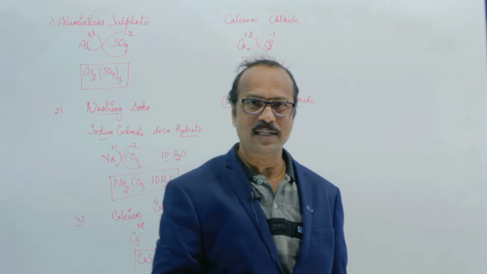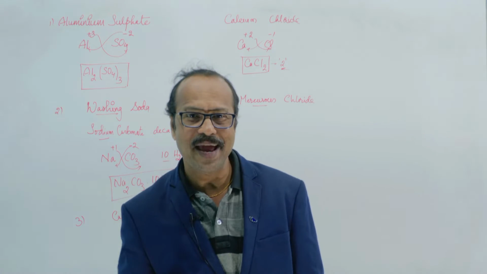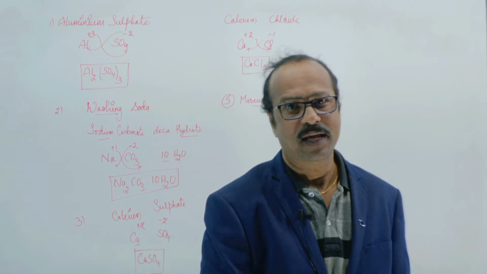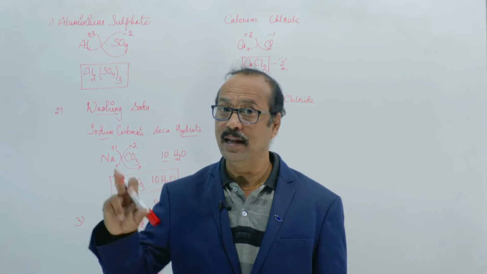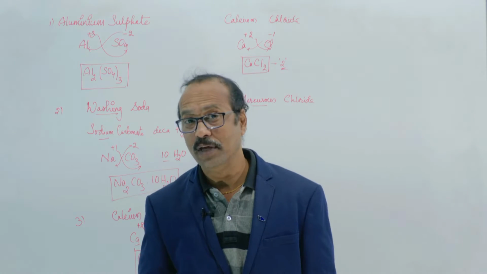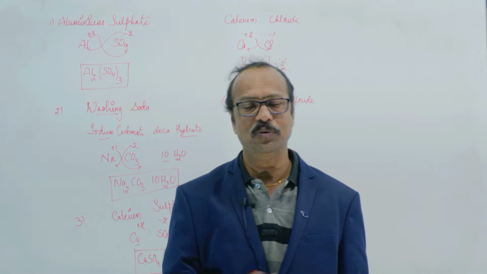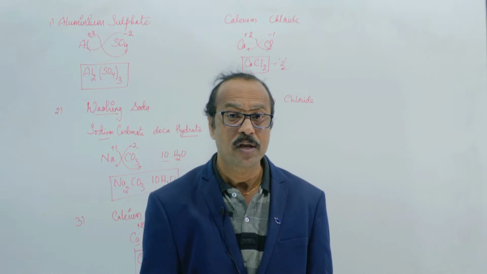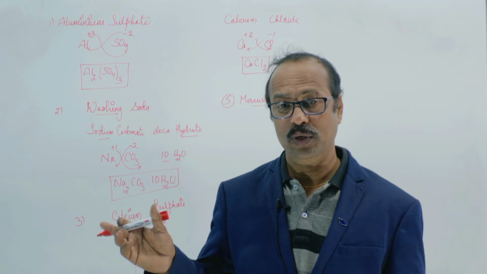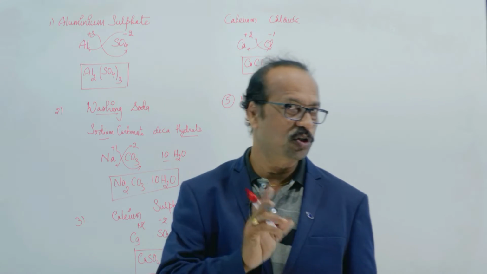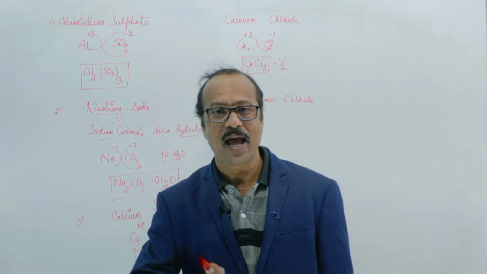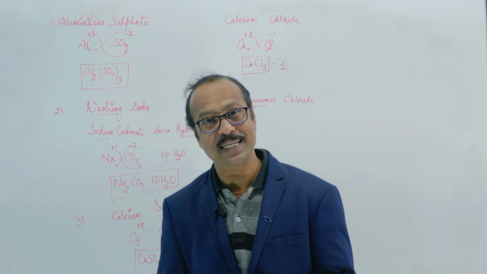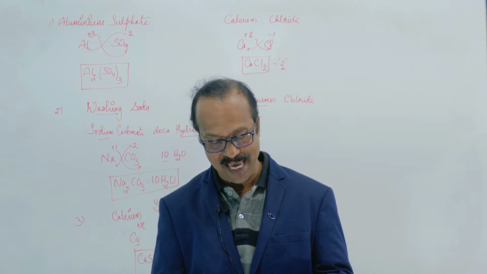Lower valency elements end with us, and higher valency end with ic. So mercury exhibits two types of valencies. One is +1 and the second is +2. The smaller number +1 should end with us, and valency +2, the higher valency, ends with ic.